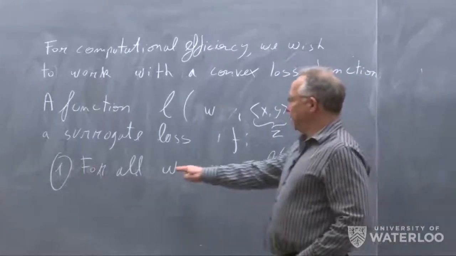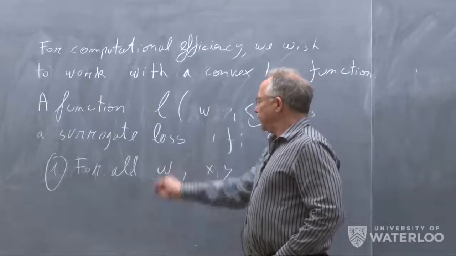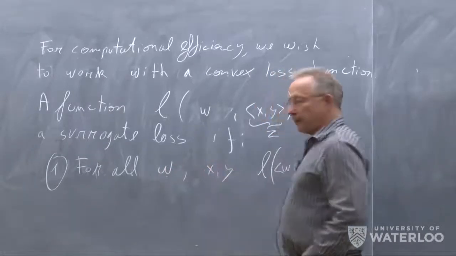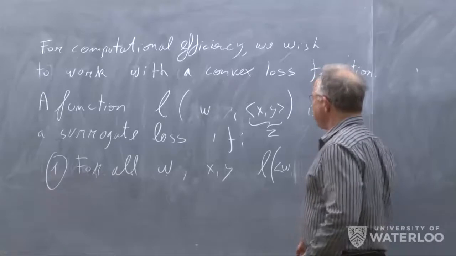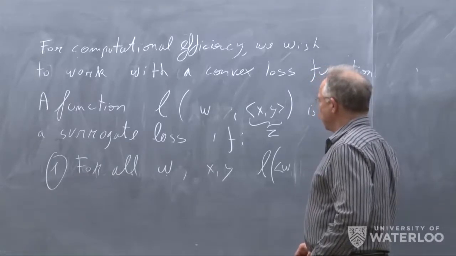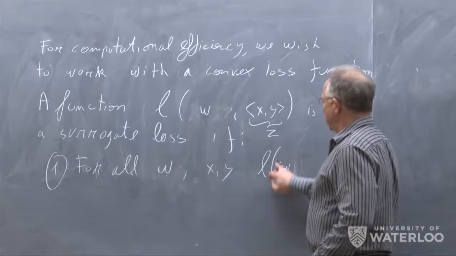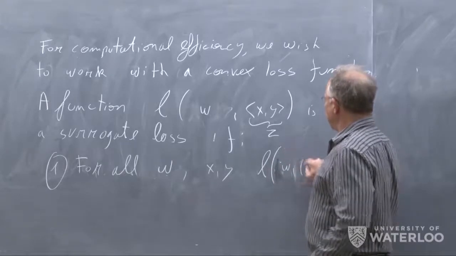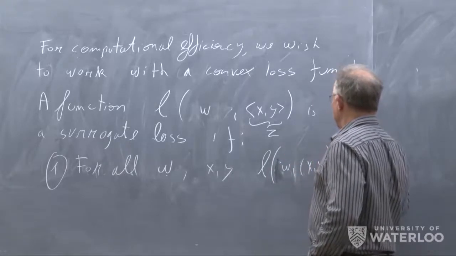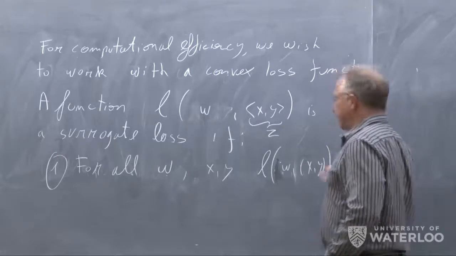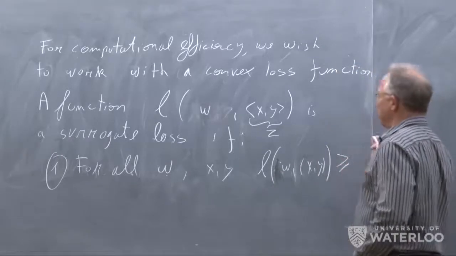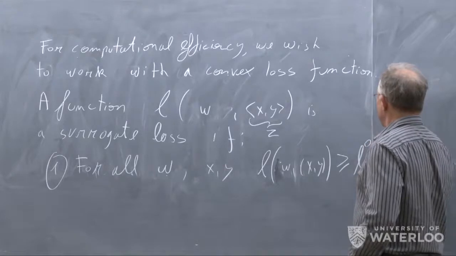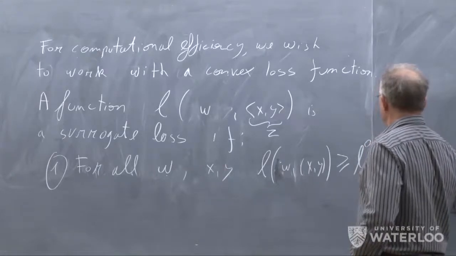We require that for every hypothesis w, and for every point (x, y), the loss of w on the point (x, y) is an upper bound on the 0,1 loss of w on (x, y).